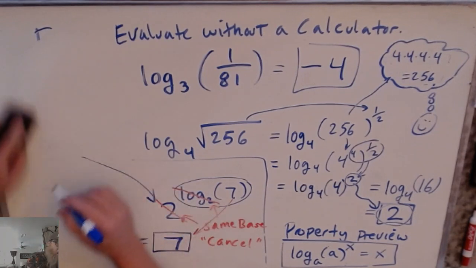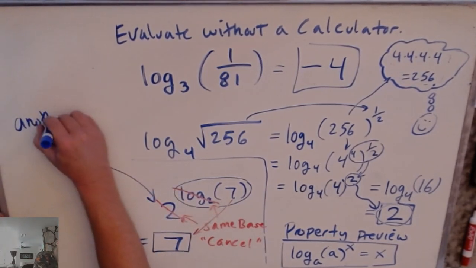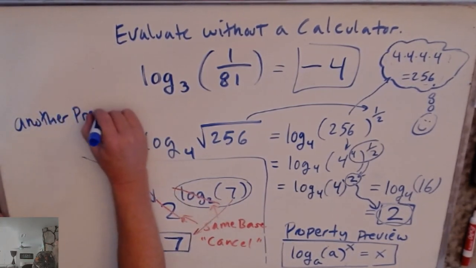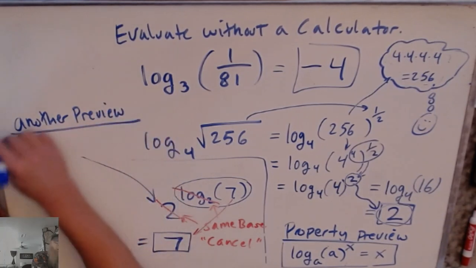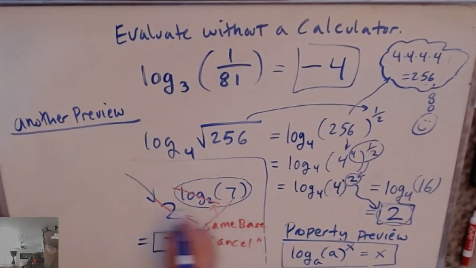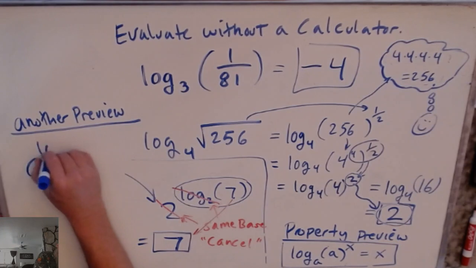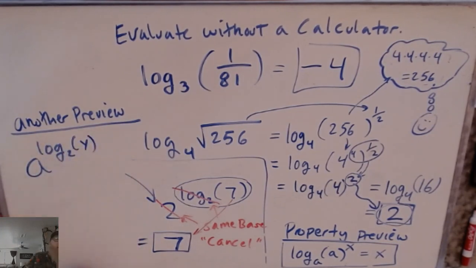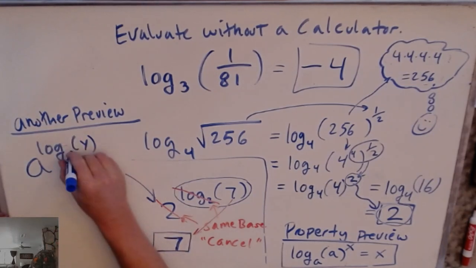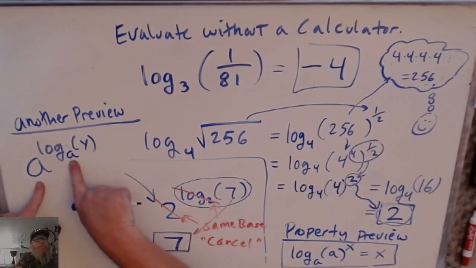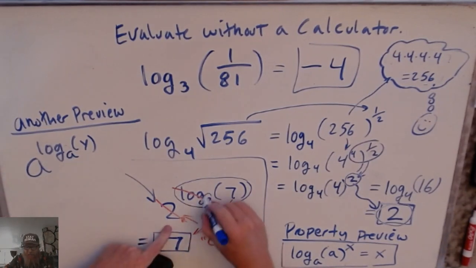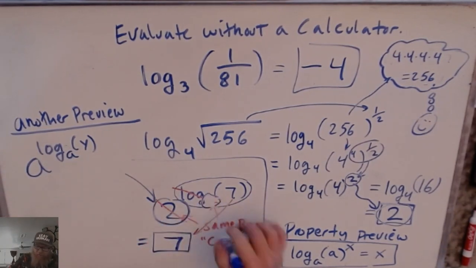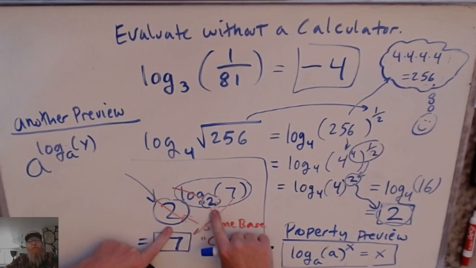So, another property preview. We're going to have a whole lecture on properties, but I'm just giving you little previews. If you have the same base, these both have to be A. In this example, the A's are both 2.